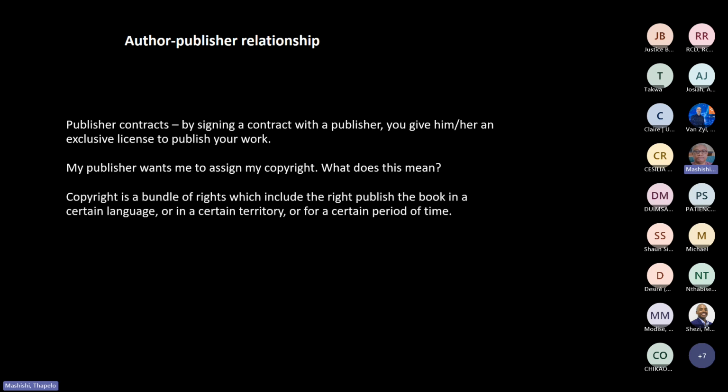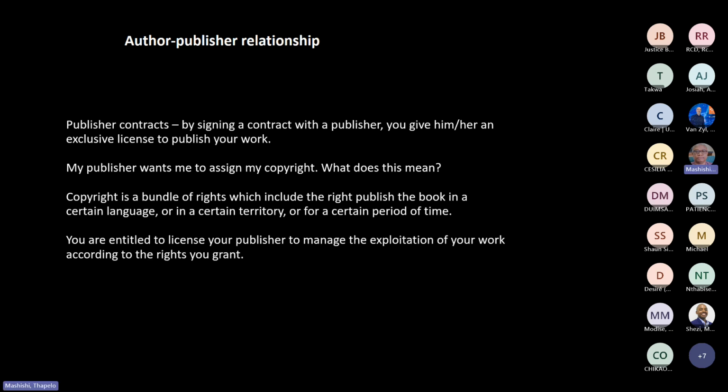It covers the body of rights, which include the right of the publisher in a book, in a certain language or for a certain period of time. It means that you as the author are no longer the owner of the copyright in your work, but the publisher now is the owner of the copyright, and they license that work on your behalf. And they also manage the exploitation of your work according to the rights you grant to the publisher.